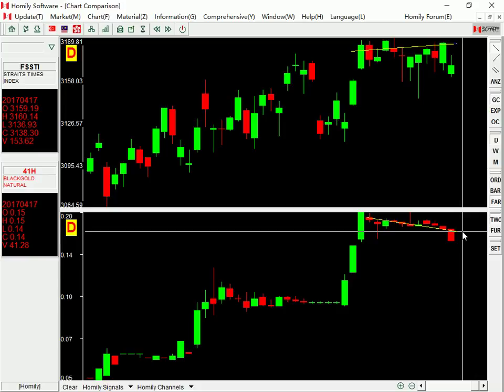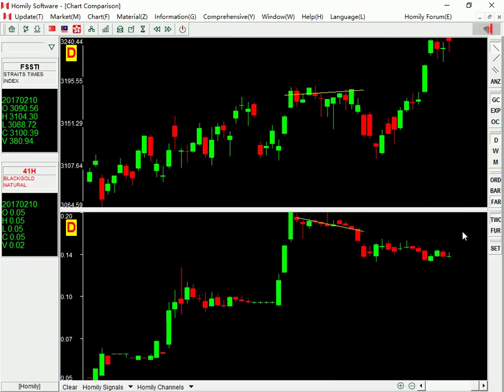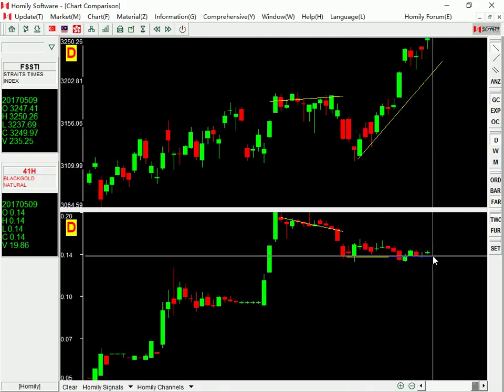What does that mean? For this period, strong or weak? It's weak. The market goes up, but this stock is still sideways. So if you want to judge whether your stock is strong or weak, you can use this chart comparison function.